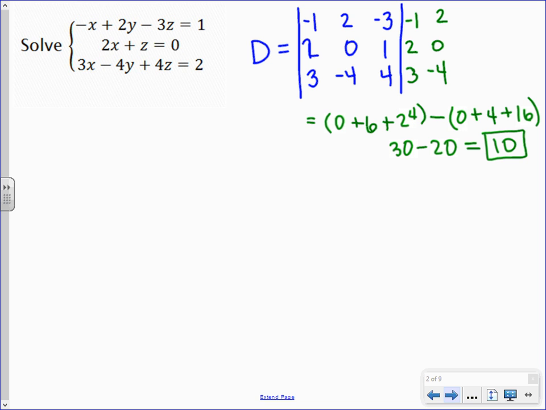All right. So then to find x, our denominator is going to be 10, but our numerator is going to be the same 3 by 3 matrix, except we're going to take the x column and replace it with 1, 0, 2.